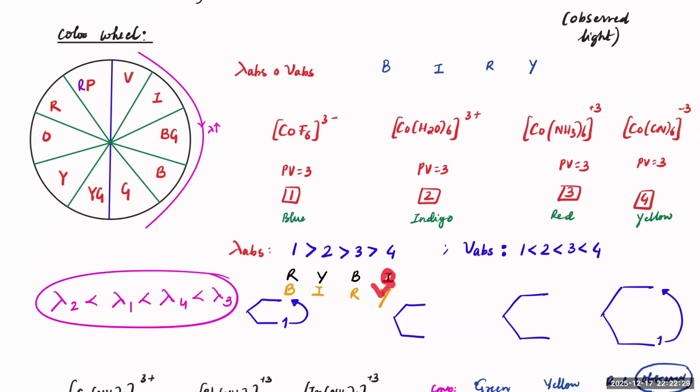And for indigo, the complementary color is yellow. So in that case, BIRY, these are the absorbed colors. And which one will have the least amount of energy absorbed in this case?